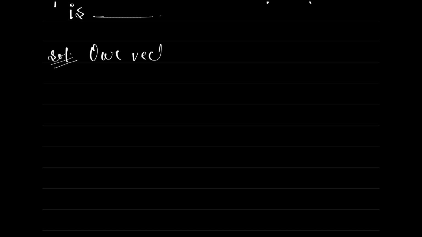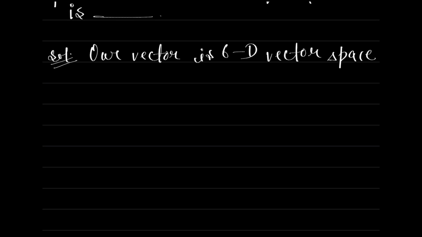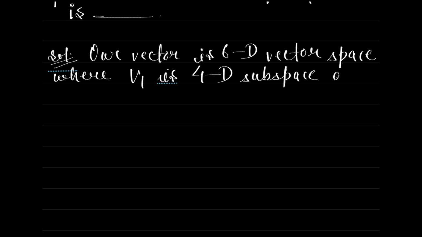our vector space is six-dimensional, where V1 is a four-dimensional subspace and V2 is a four-dimensional subspace.